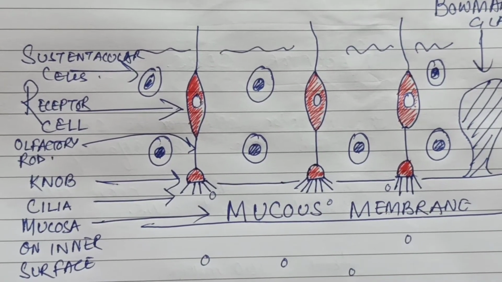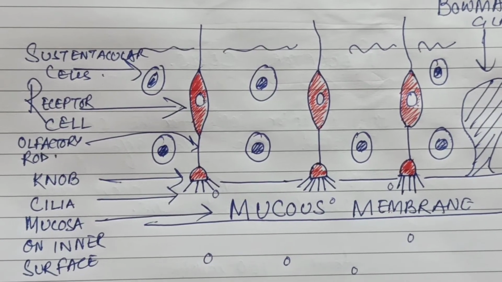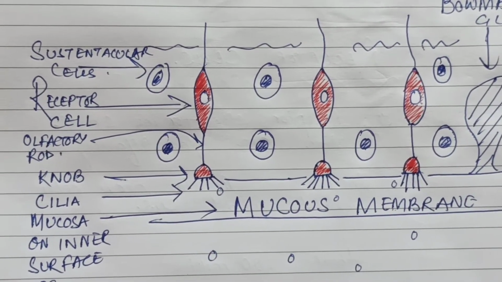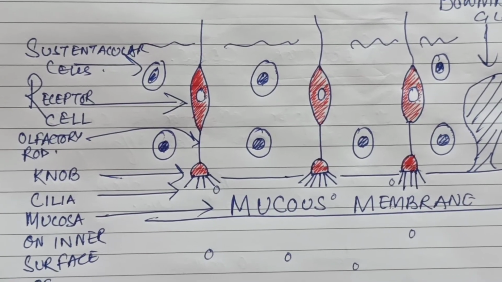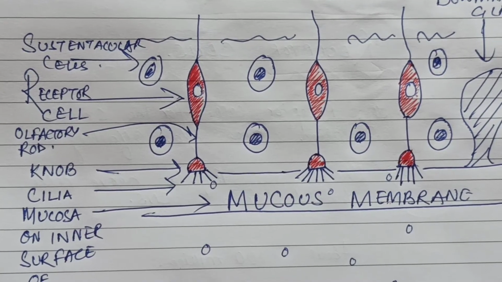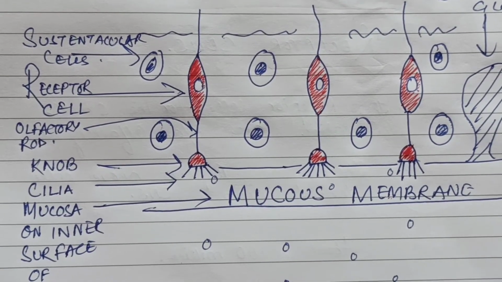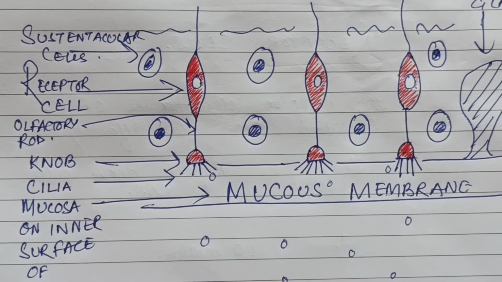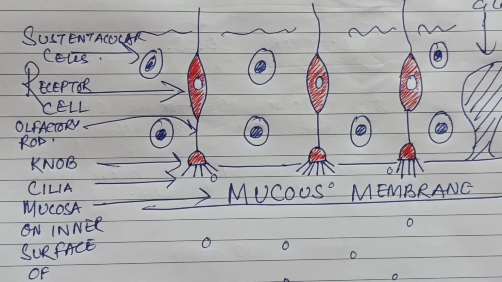These cilia lie in the mucous membrane layer of the olfactory region, which lies along the inner surface of the nasal cavity. Now beside these receptor cells you can see small cells termed as sustentacular cells. These are the supporting cells which are present to support the receptor cells.